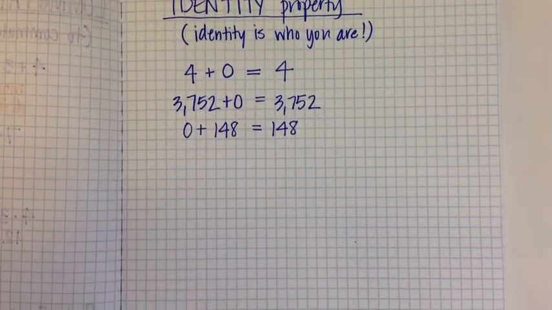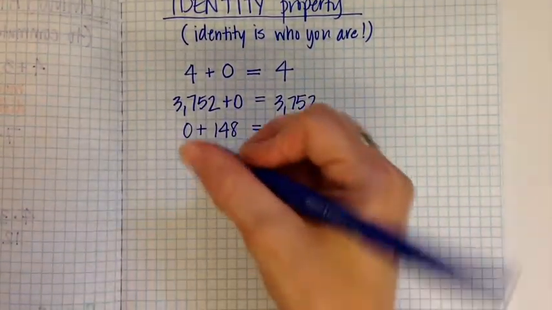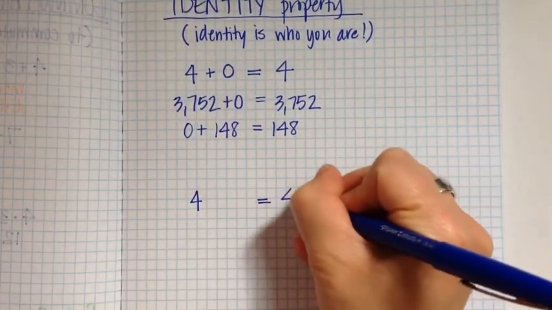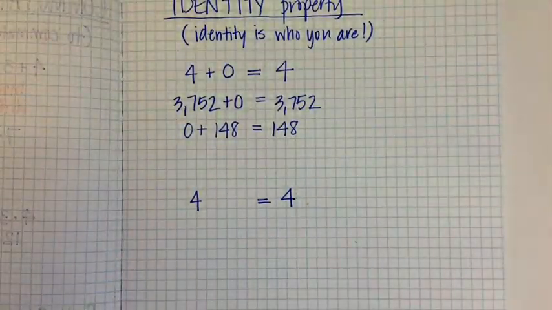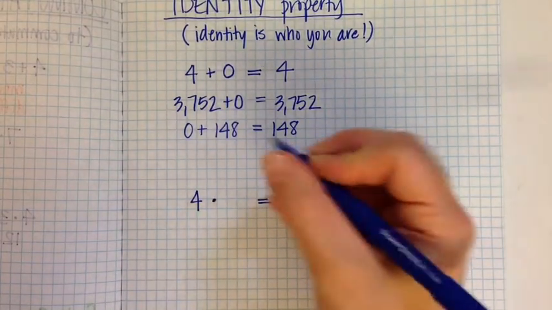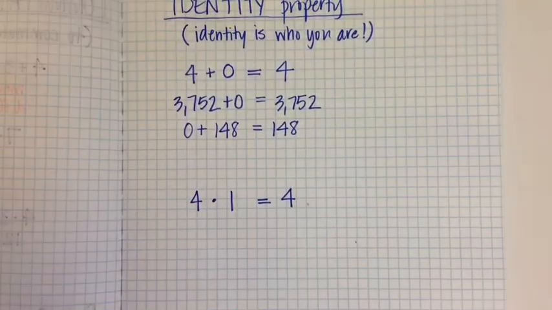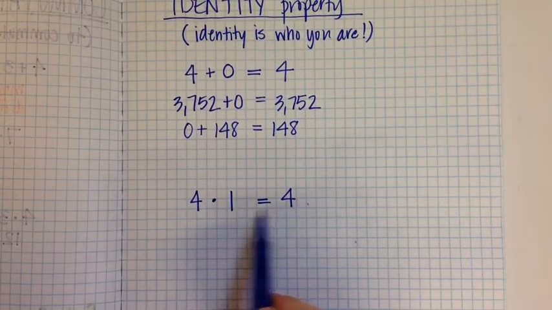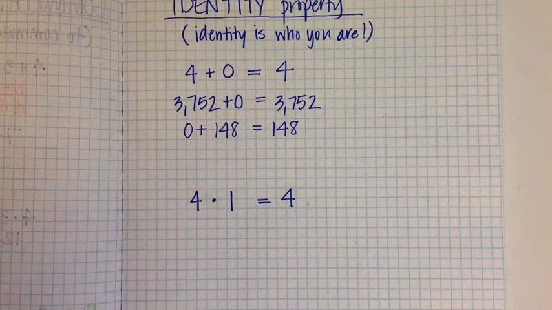Can you think of some other operation that we could do to 4 where we would be left with 4? Yeah, gosh, you're a rock star today, on fire. Multiplying by 1. Anything times 1 is going to be that same thing. So multiplying by 1 doesn't change the identity.